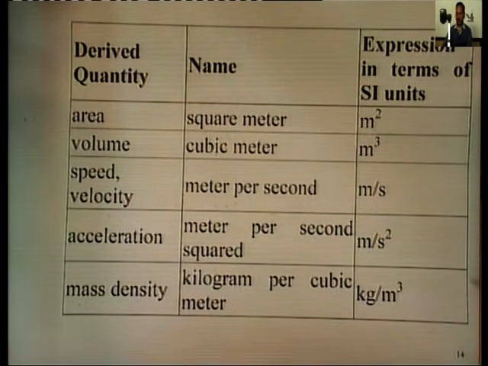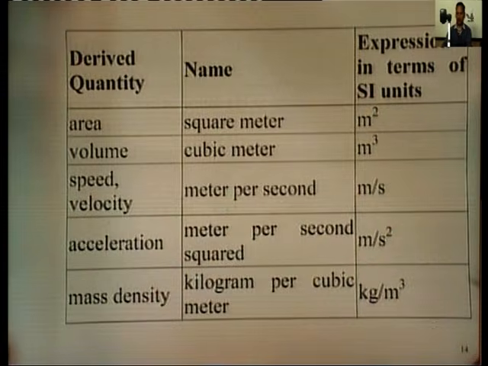Derived quantity is area, and the name used is square meters, and the expression in terms of SI units, that is International System of Units, is m squared. Similarly, derived quantity is volume, the name is cubic meter, and the expression used is m cubed.